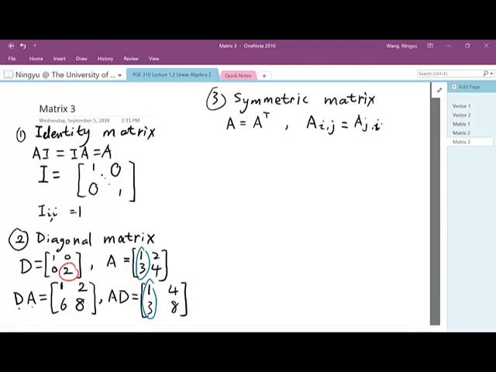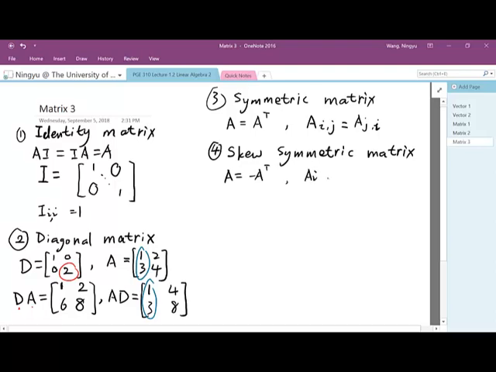So since we have a symmetric matrix, we can also have an anti-symmetric matrix, and we usually call it skew symmetric, where A equals minus A transpose.